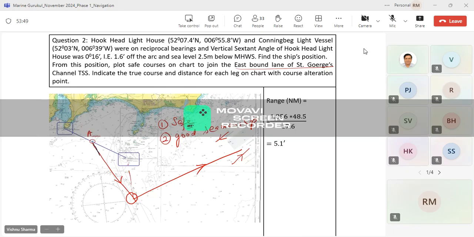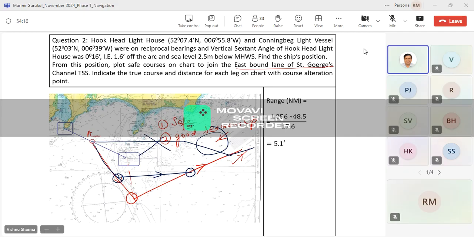Come here, alter course, and go here. He's also right. Problem will start when somebody starts going like this. Then this is definitely a wrong passage plan. It is not acceptable. You're also creating a nuisance to the opposing traffic.